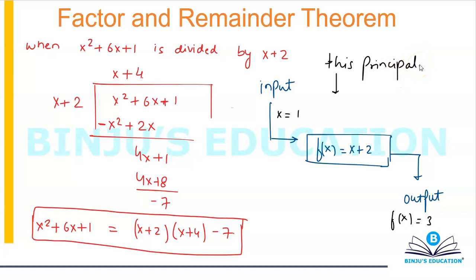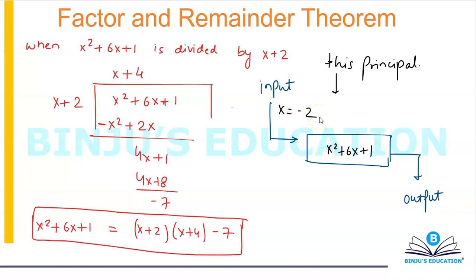Now when I'm saying that I'm dividing x square plus 6x plus 1 by x plus 2, what I'm basically saying is that you provide an input value of x is equal to minus 2 and tell me what will be the output.